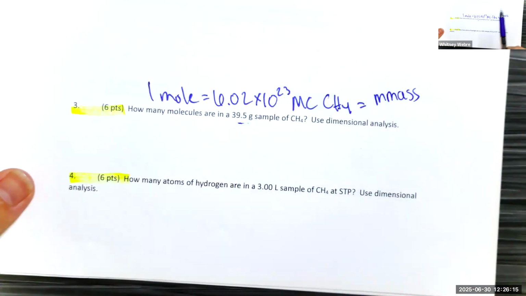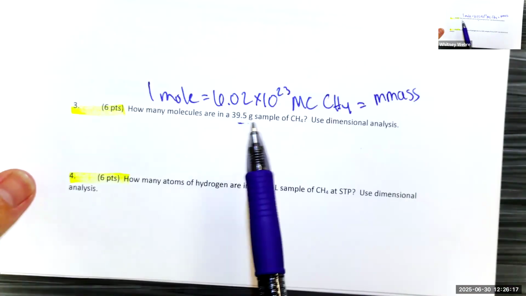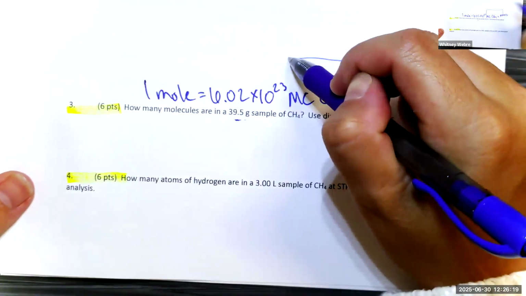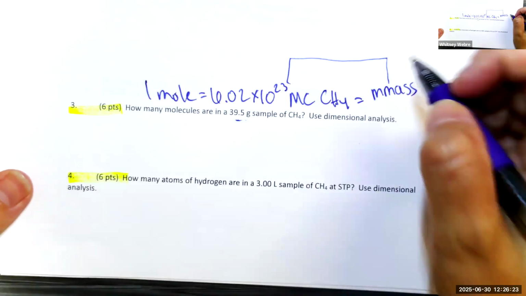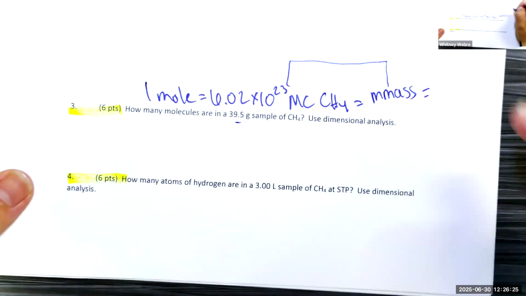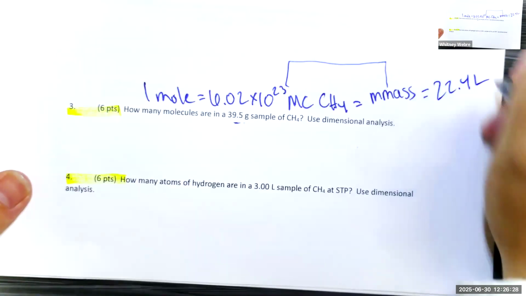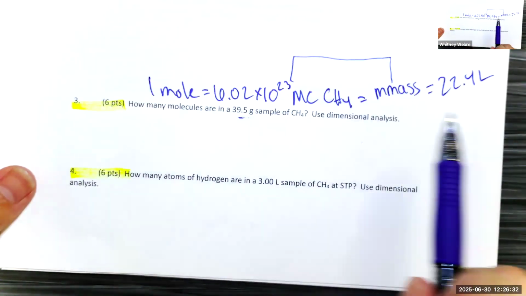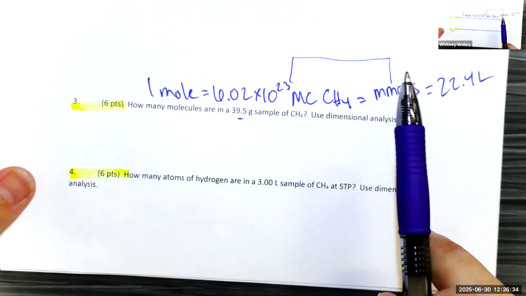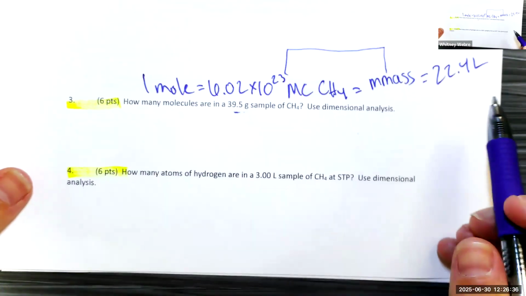So for me to go from grams to molecules, I just need the molar mass of CH4 and molecules. If you want to be consistent and do the whole mole triangle, 22.4 liters is that last. So if you have this down, all you have to do is pick out the two that matter for the problem, and then you can set it up.